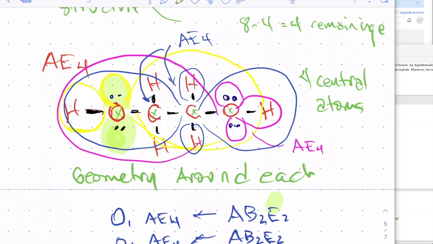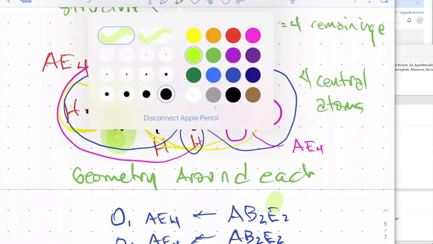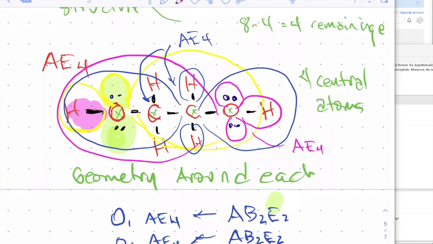And then it's got these bonded atoms right here. So that's your B. And yes, that bonded atom is extended, but in relation to the oxygen, at the end of that bond, there's a bonded atom. That's why it's an AB2E2. Likewise with the other oxygen.